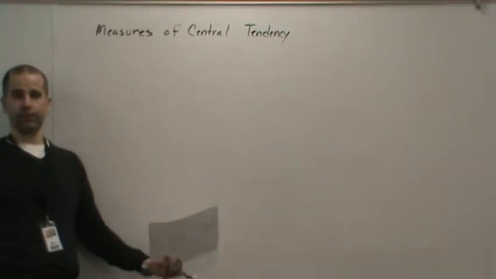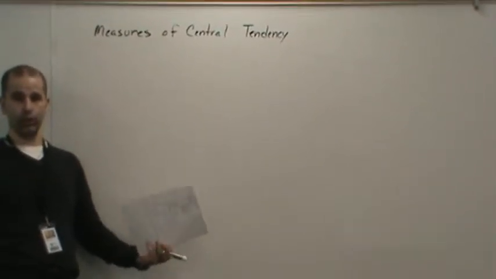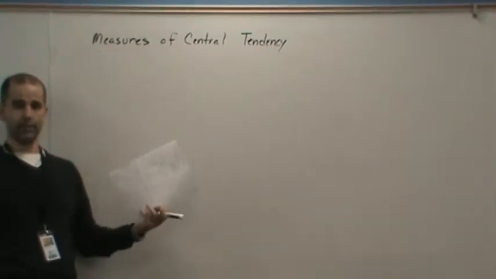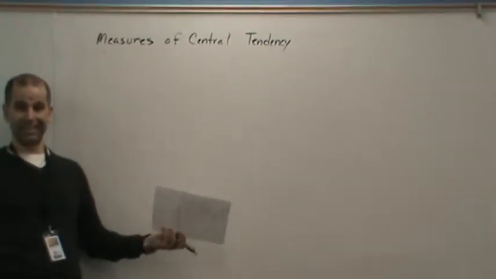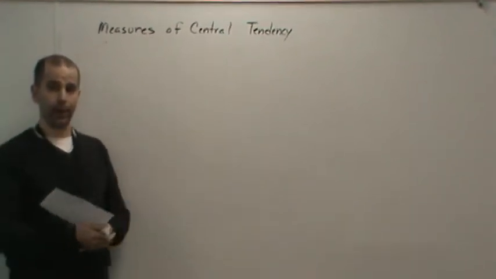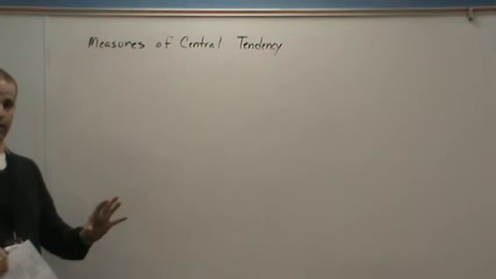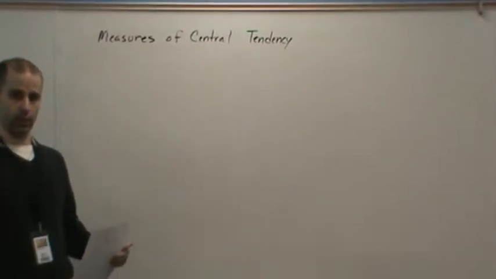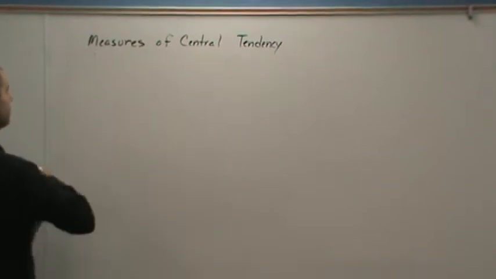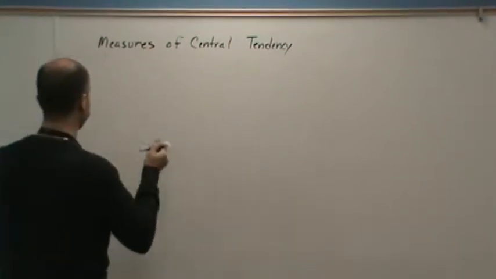That's the first thing anyone will do when analyzing data they're not familiar with: where's the center, and how spread out is the data around the center? That's what we're going to talk about in this video and in the next video. So measures of central tendency is what we're going to talk about today.